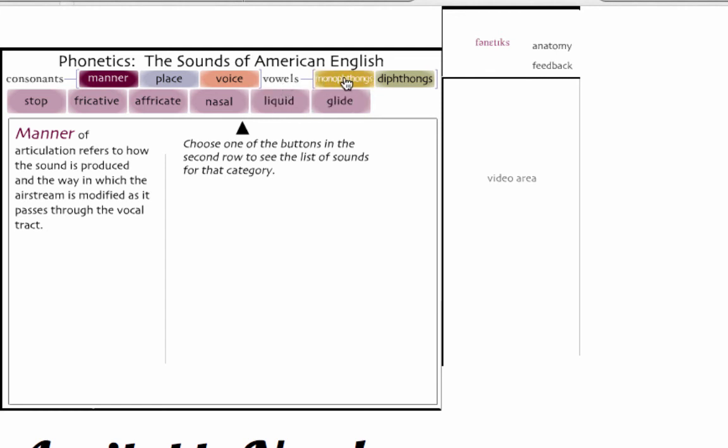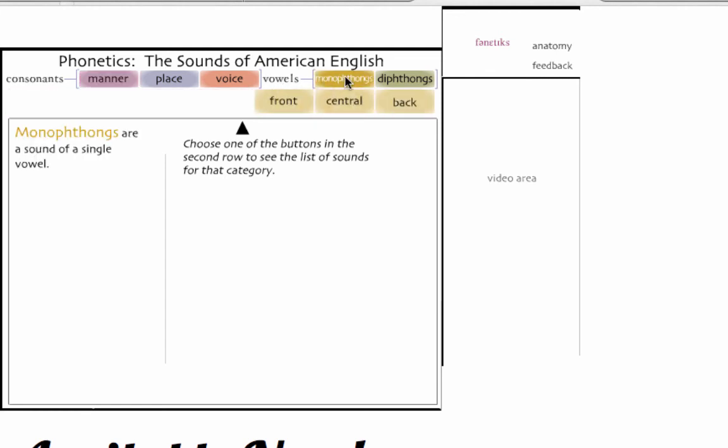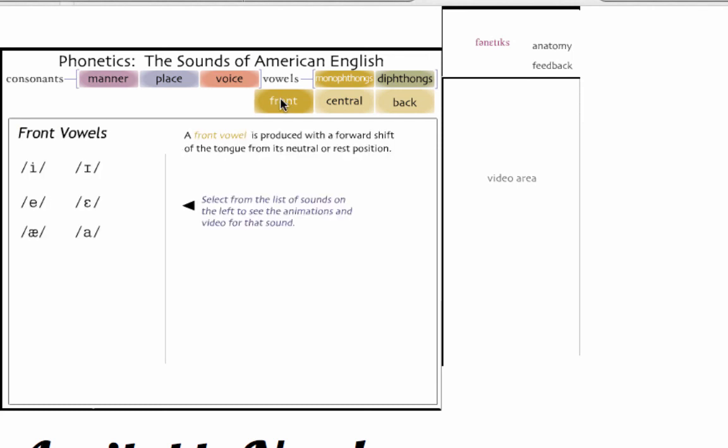Here we have vowels and we have monophthongs. That means that it's only one sound. As you can see, there are the front vowels and we have the E. The front vowel, as it says here, is produced with a forward shift of the tongue from its neutral rest position.